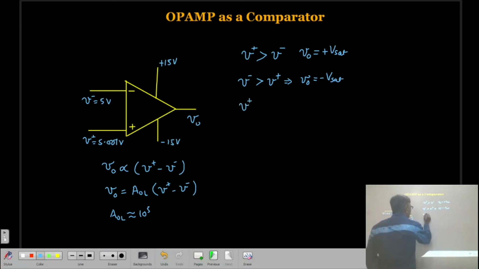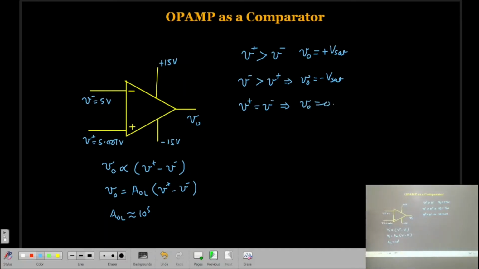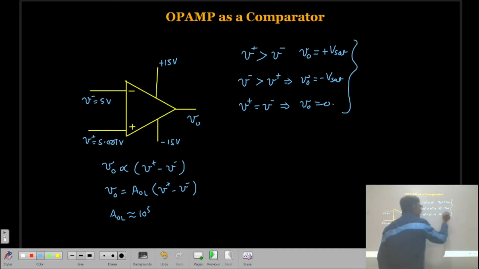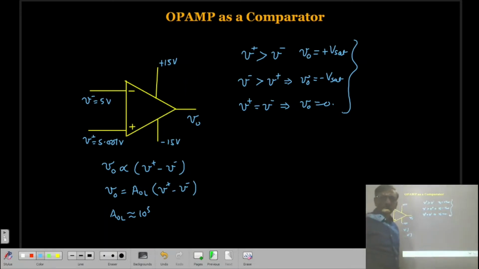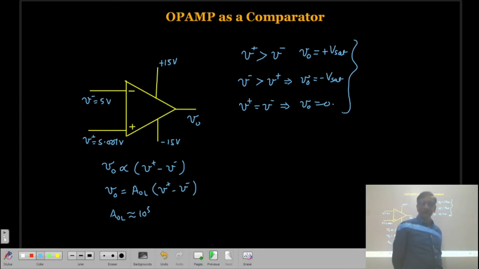And when the inverting input and the non-inverting input voltage are both the same, then the output voltage will be 0. So this is the basic function of the comparator. So here you can remember this, and accordingly you can determine what will be the output of the comparator, a positive voltage or a negative voltage. Correct?